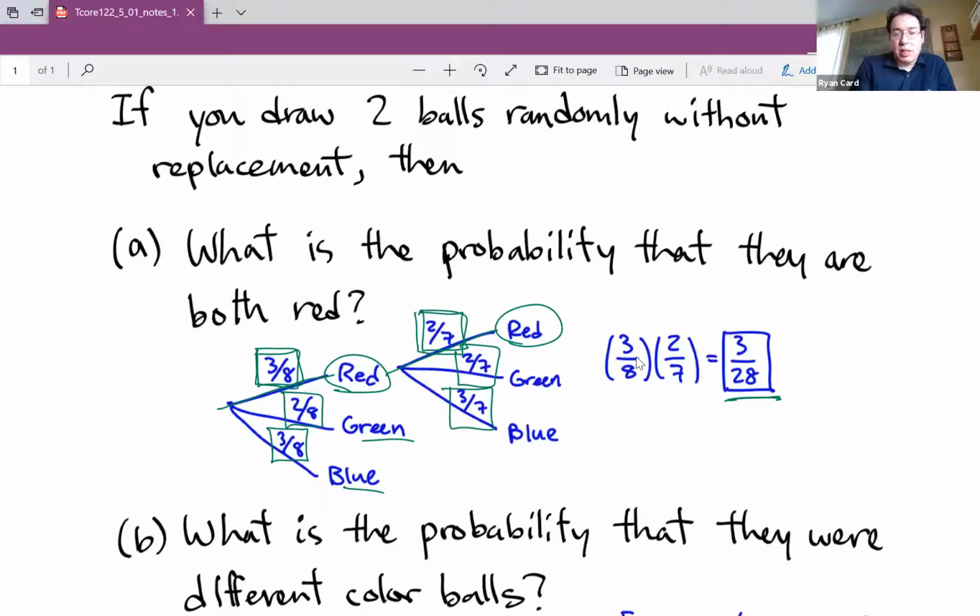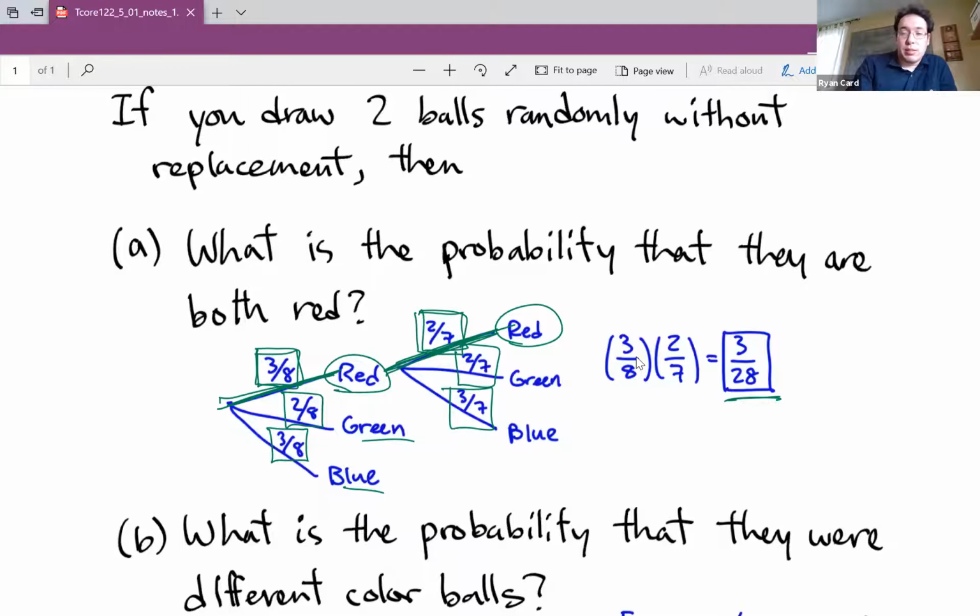This is called a tree because it kind of branches away like a tree. And then you look at the path that you're interested in, and multiply the probability in each branch along the way. So that's how a probability tree works.